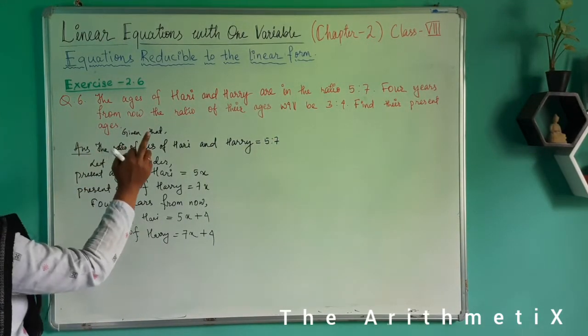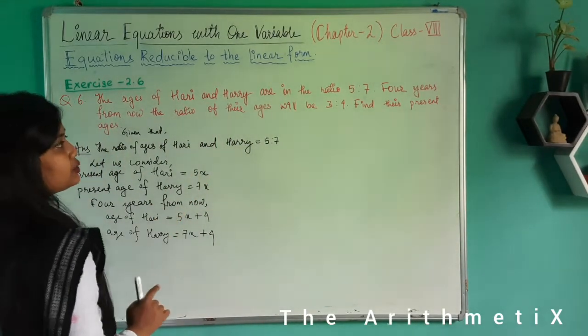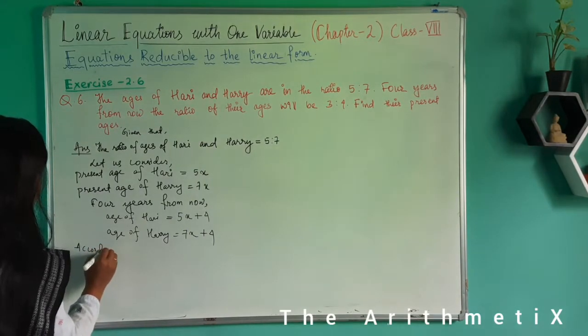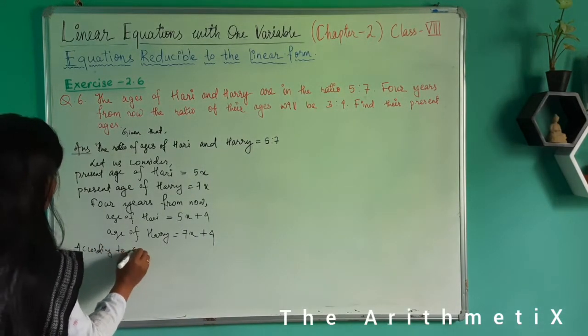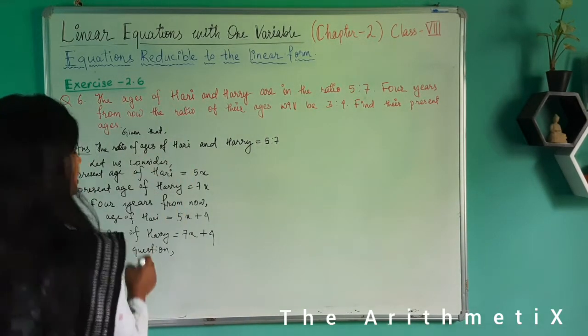Then what is given in the question: 4 years from now the ratio of the ages will be 3:4. So according to the question, let us quote that statement.